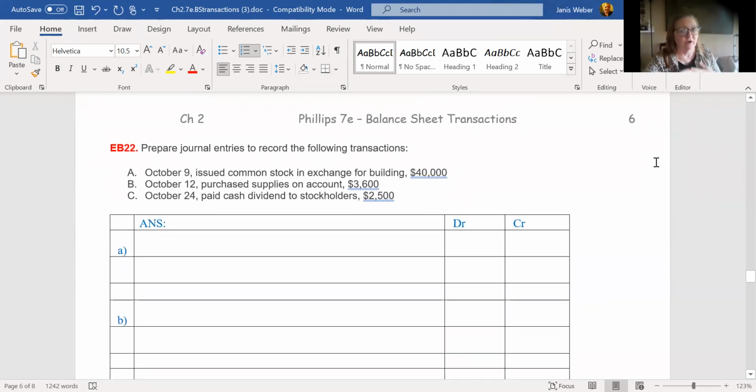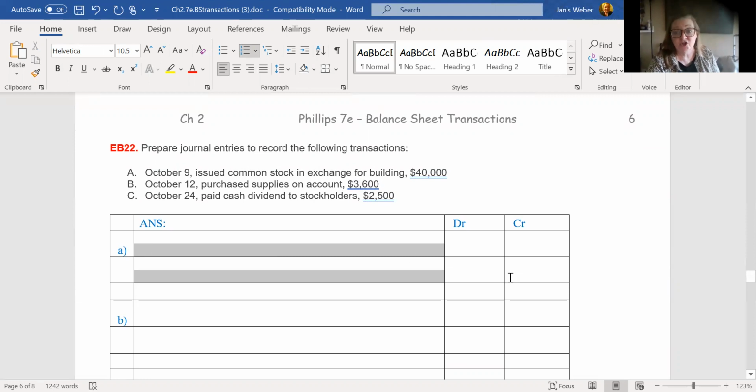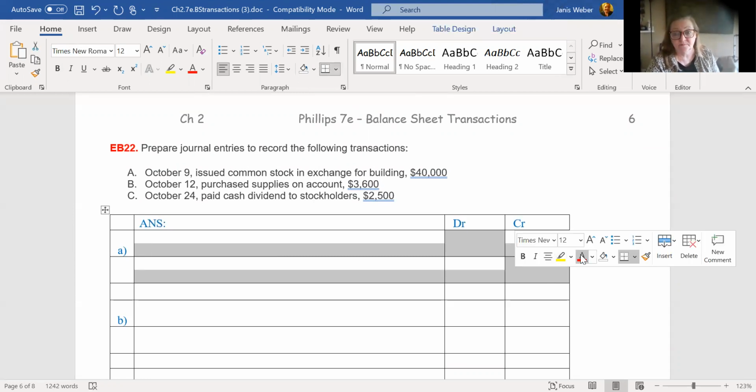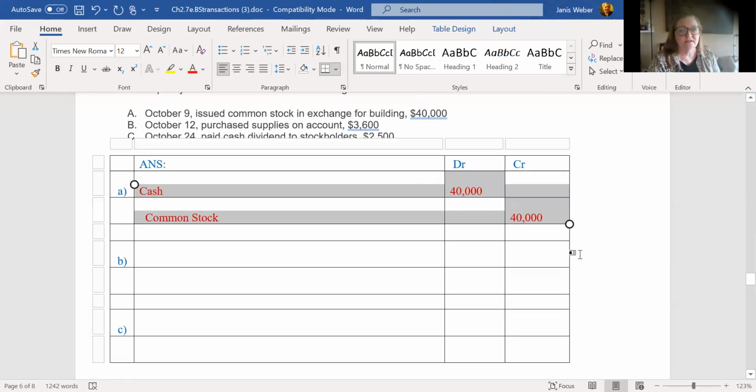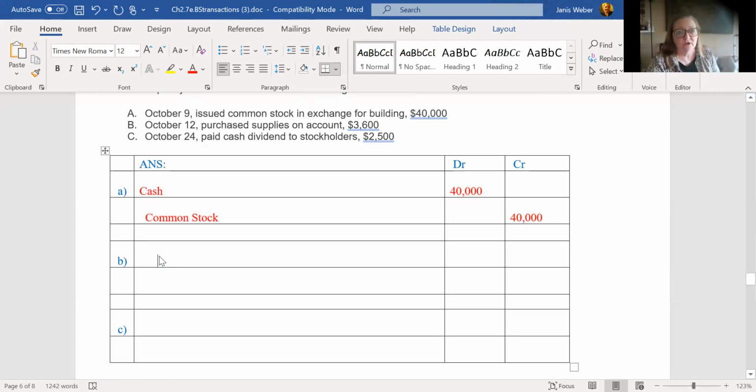Okay, this is just a practice. We're just getting very comfortable. There's 3 entries we're going to make regarding issuing stock, buying supplies on account, and paying a cash dividend. Issuing stock every time is going to be a debit to cash, credit to common stock. Could be capital stock too. The next one is purchasing supplies on account.